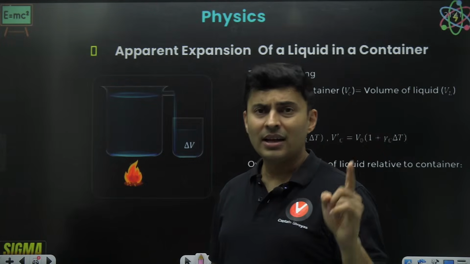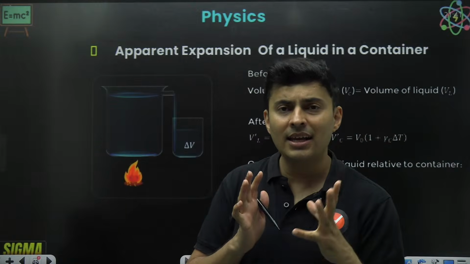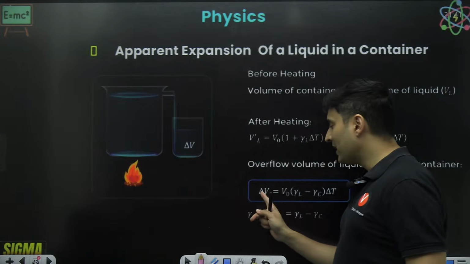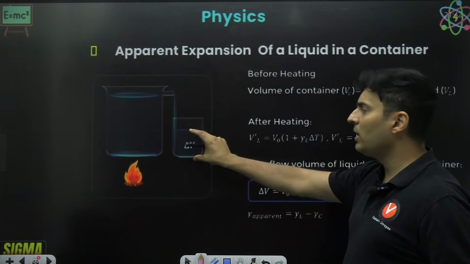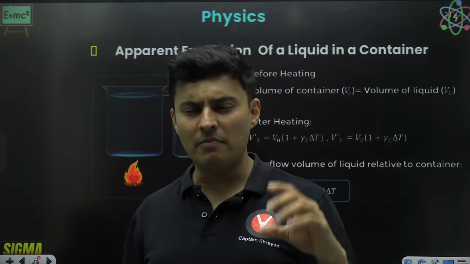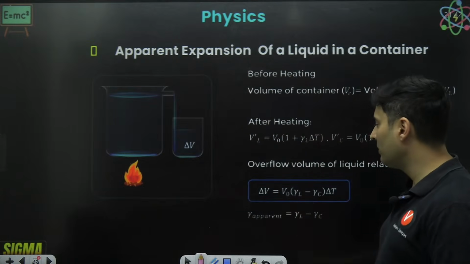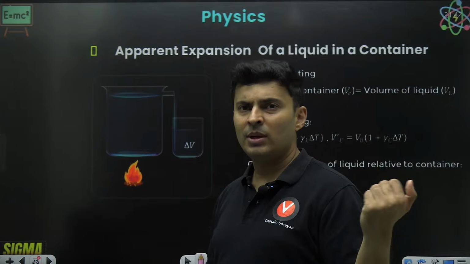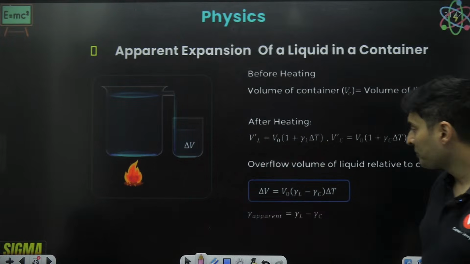The apparent expansion happens because the liquid is expanding and at the same time the container is also expanding. So for the apparent expansion you take the original volume, whatever you measured. Let's say at a standard temperature you are measuring 50 ml. That 50 ml will come here, then the change in temperature. Maybe you are heating it and you change it by 15 degrees centigrade, so 15 will come over here.